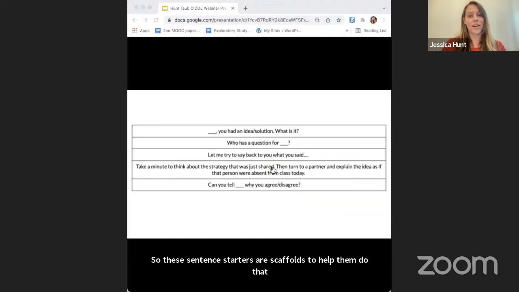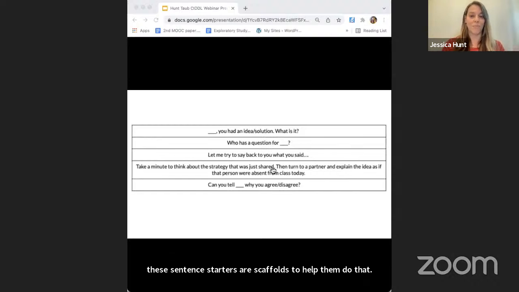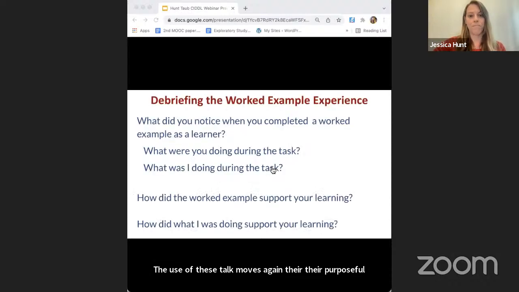And then the teacher actually uses these talk moves to facilitate the discussion. And in the PDs, I would model the use of these talk moves. Again, they're purposeful scaffolds to aid students' discussion with each other and with the teacher. And I think the best part of this experience is that we step out and then reflect.